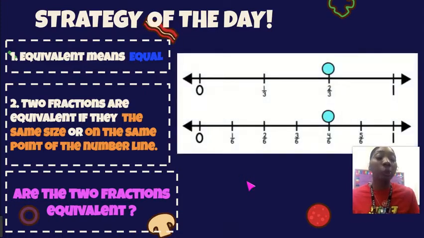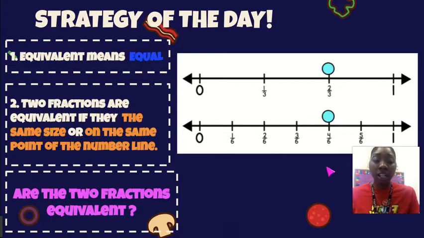Well, let's take a closer look. We have here a number line broken into thirds, and we have another number line that's broken into 6. And they're asking us, is 2/3 the same as 4/6? Are these 2 fractions equivalent? Well, let us see.